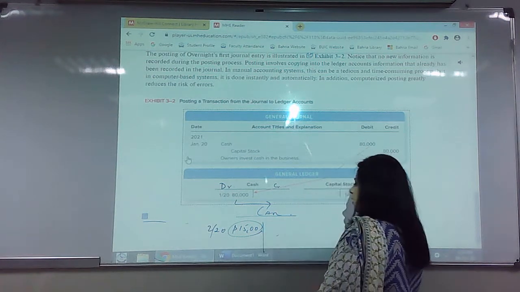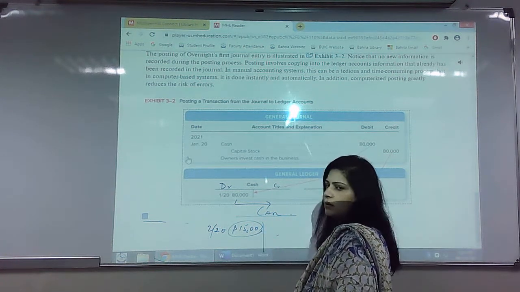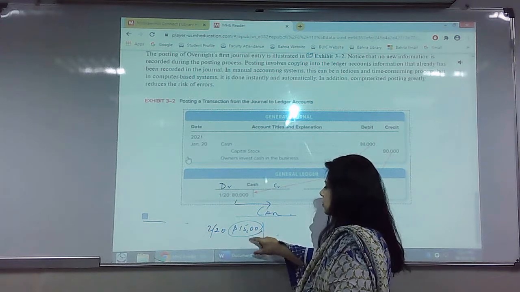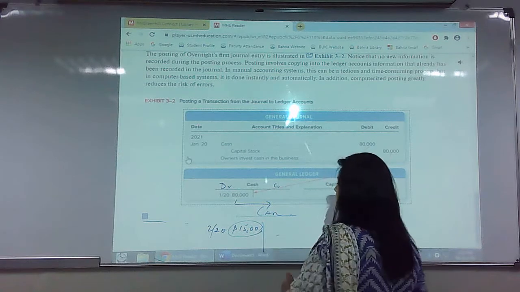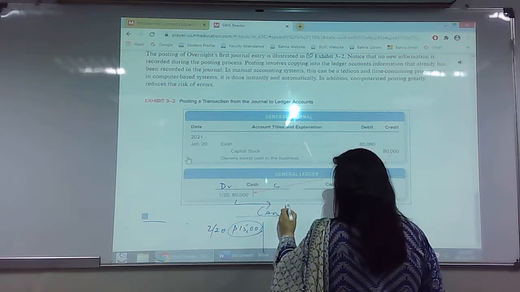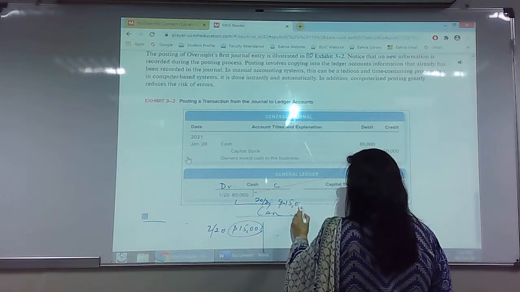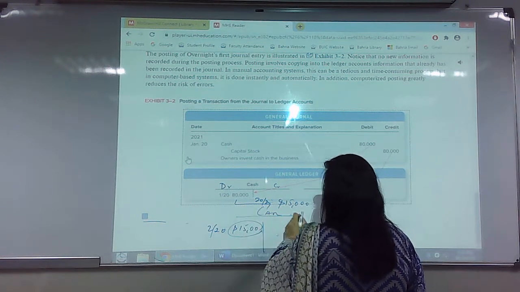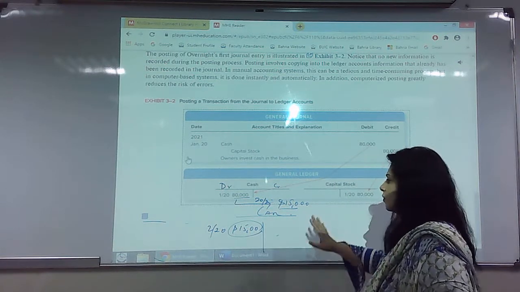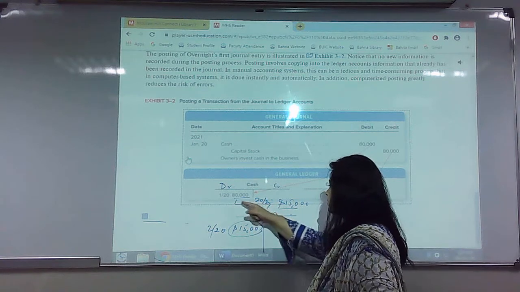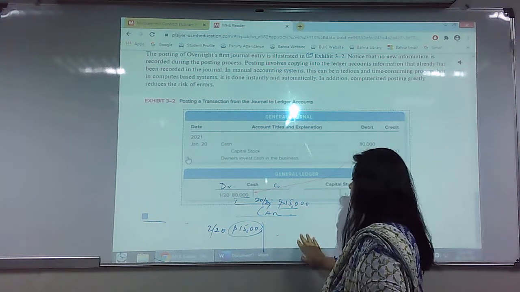This is what the car was worth, and that is $15,000. And in this case, cash would be reduced again on 20th February by $15,000. So after subtracting 15 from 80, you have 65,000 remaining, right? So then this balance would continue.